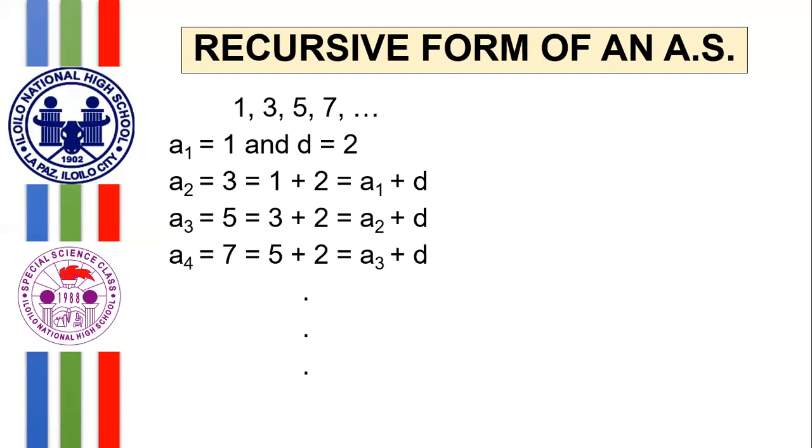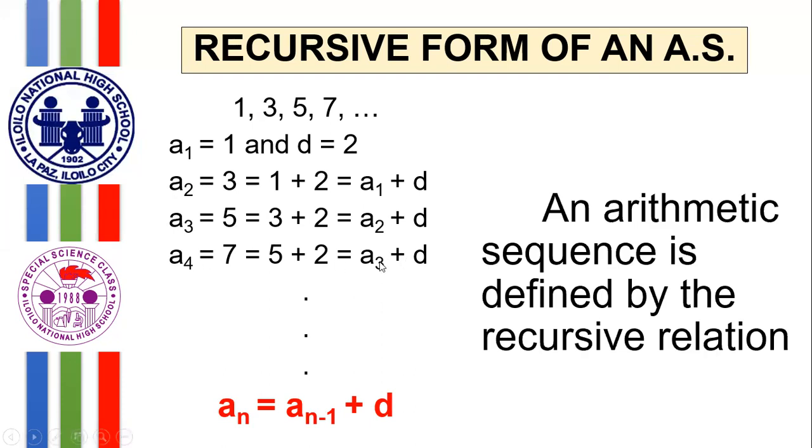And in general, if you could notice, a sub 2 is a sub 1 plus d. a sub 3 is a sub 2 plus d. a sub 4 is a sub 3 plus d. So how about for a sub n? It will be a sub n equals a sub n minus 1 plus d. How did I arrive at this? Because if it's 2 here, it's 1. If it's 3, 2. If it's 4, we have 3.